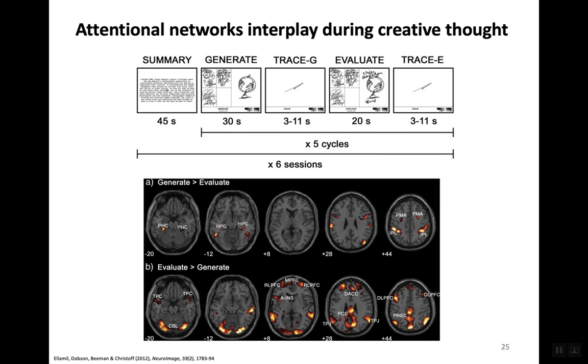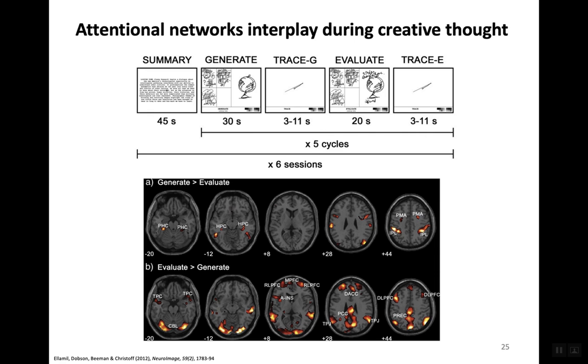Well, if we look at the contrast between generation versus evaluation, a small but significant number of regions come into play, and most of them belong to what we would refer to as the attentional network. And this is not necessarily a surprise. Whenever you generate, you have to be very careful, you have to be very focused, and that requires attention.